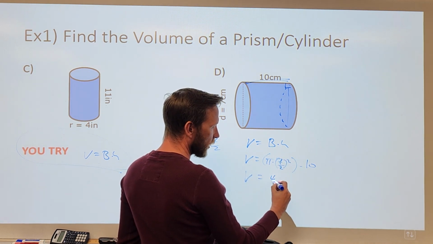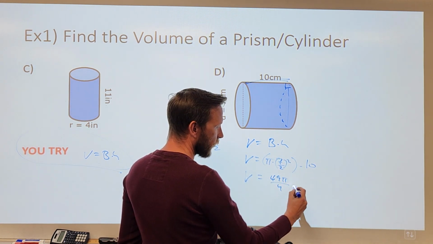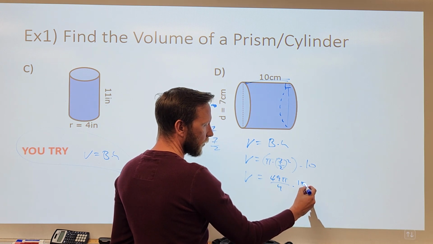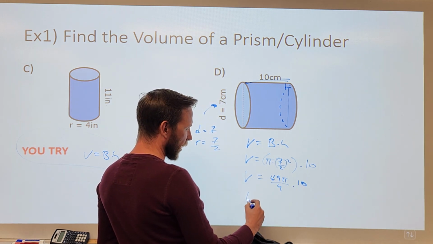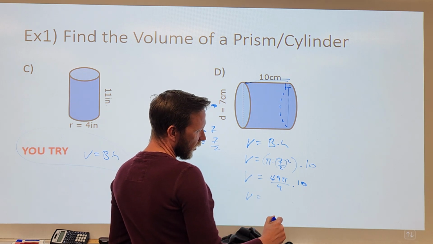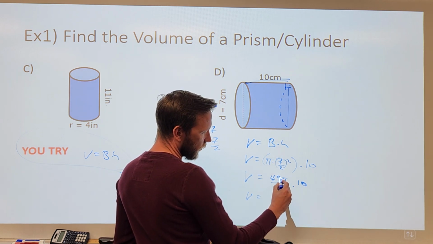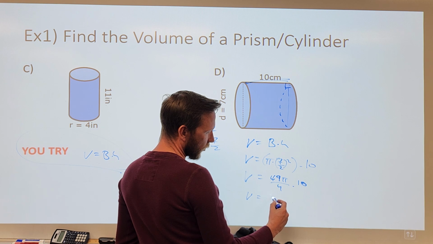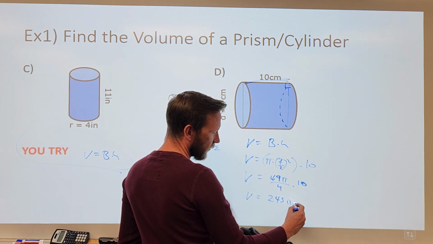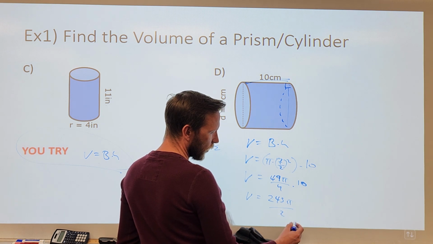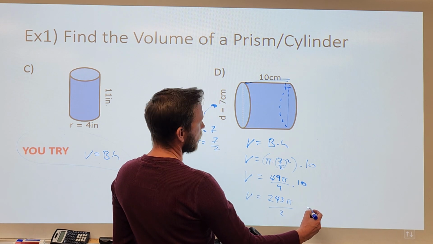So this gives us 49 pi over 4, and then that's being multiplied by 10. So I can cancel out one of the 2's there. I got to do 49 times 5, which I might need to use a calculator for. So it would be 250 minus 5, 245 pi over 2. Hopefully I did that right.